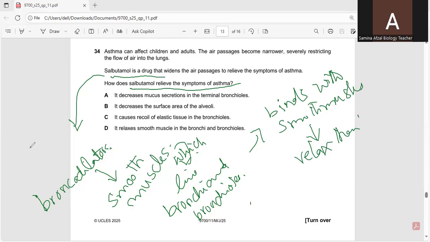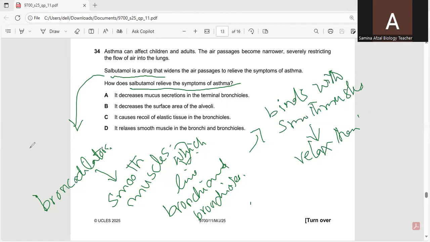This widening decreases the resistance to airflow, allowing a greater volume of air to pass in and out of the lungs with each breath. So this directly alleviates symptoms like wheezing, chest tightness, and shortness of breath. So the primary mechanism of salbutamol in relieving asthma symptoms is to relax the smooth muscles in the bronchi and bronchioles.